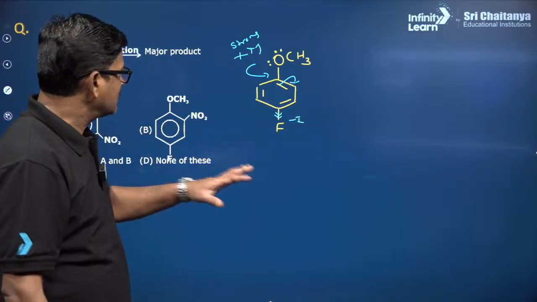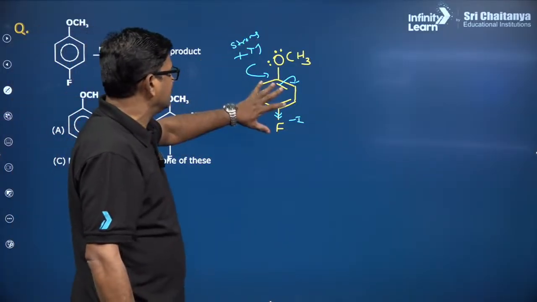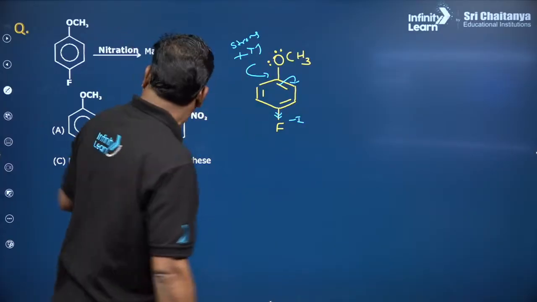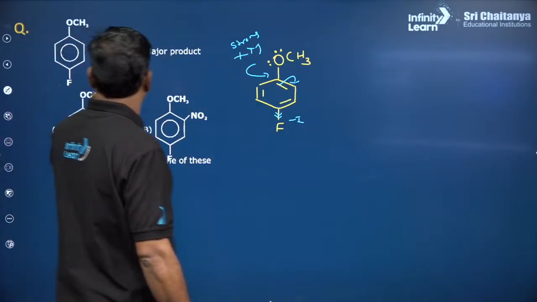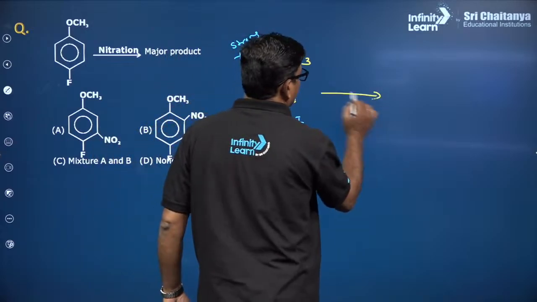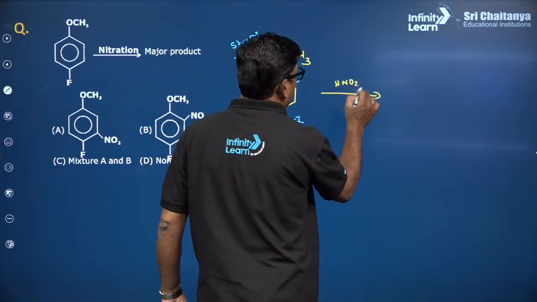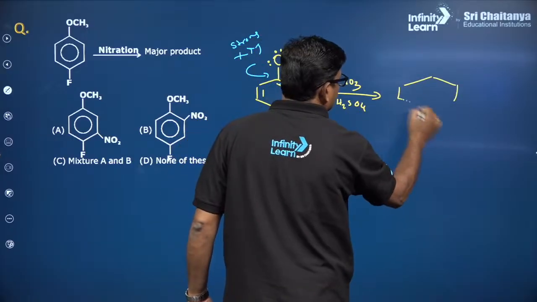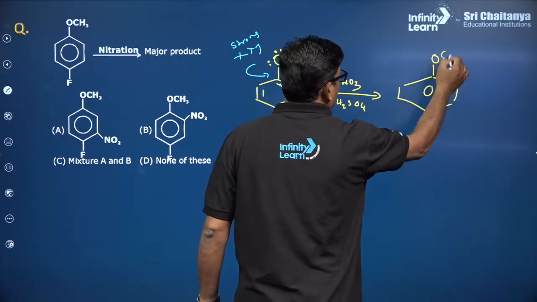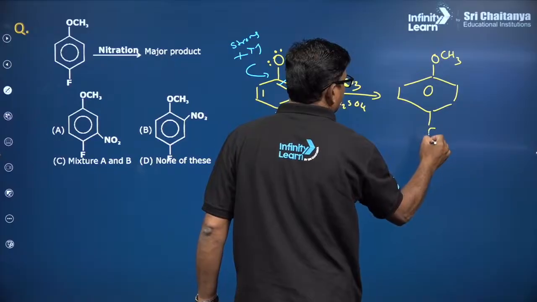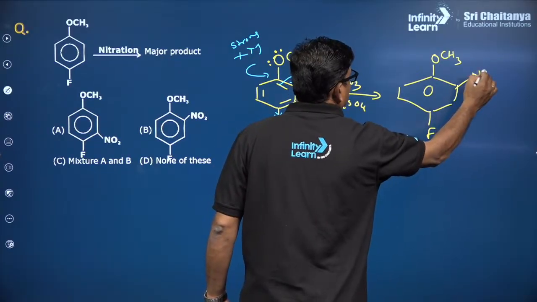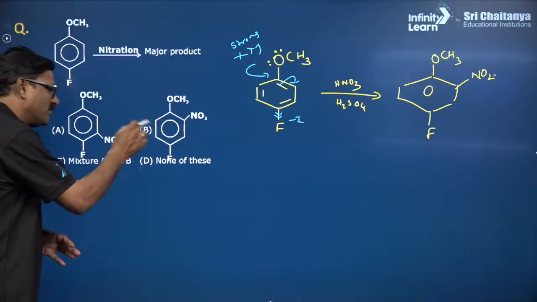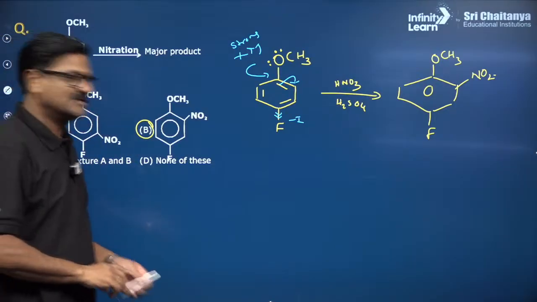So what I want to say, whenever there is activating and deactivating, you have to listen to the activator. As a result of this, on nitration, you treat with HNO3 and H2SO4, you will be getting the substitution product with respect to this. So the product with respect to OCH3 should be formed. So answer B is the correct answer for this question.